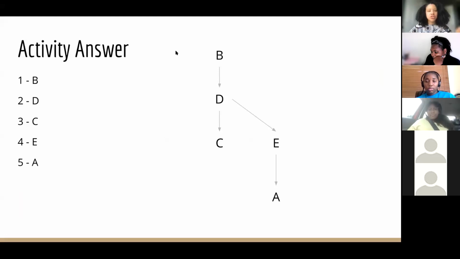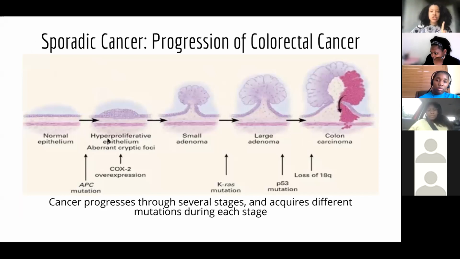Okay. So this was just the diagram sketched out neater so you can see. So I wanted to show this figure. The reason why I gave this example of colon cancer and these specific genes is because this is one of the best examples of showing how a tumor evolves from a normal cell to an abnormal group of cells to this weird structure all the way to an invasive tumor that can metastasize.